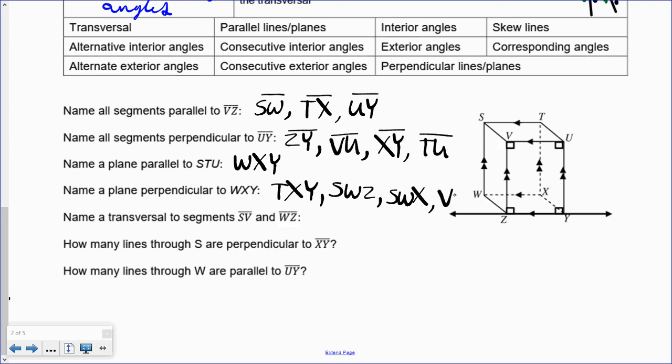BUY. So if you think about a tissue box, all 4 sides are perpendicular to the bottom, right? So they have that corner. You can take any of the 4 vertical sides and they'll be perpendicular to the bottom. Otherwise you'd have a really weird looking box if they weren't perpendicular.